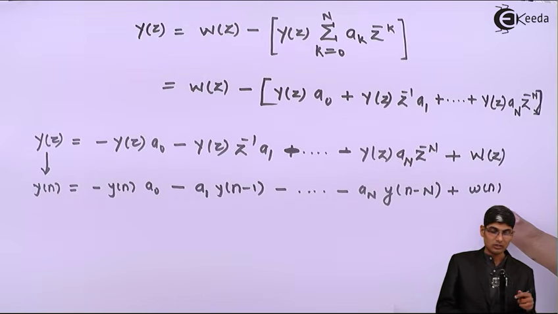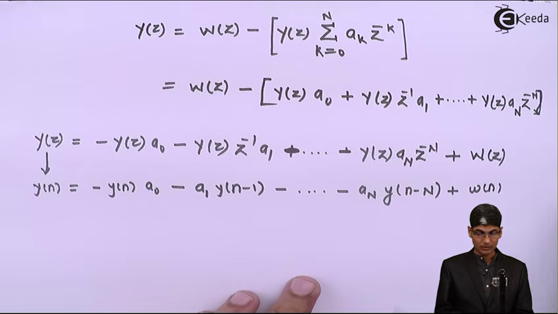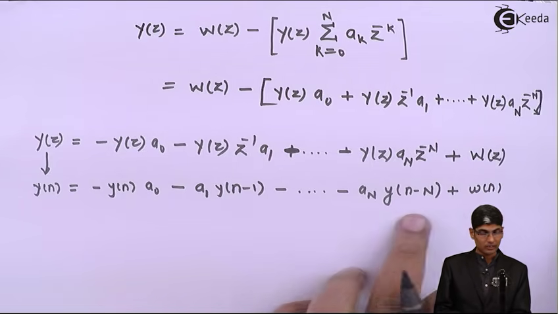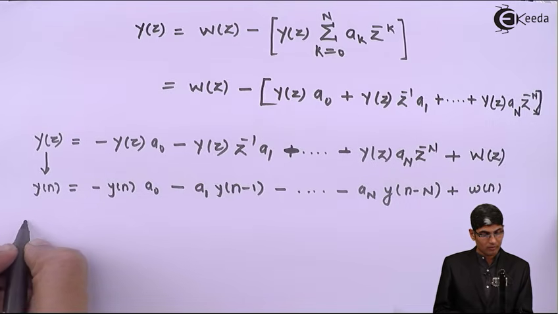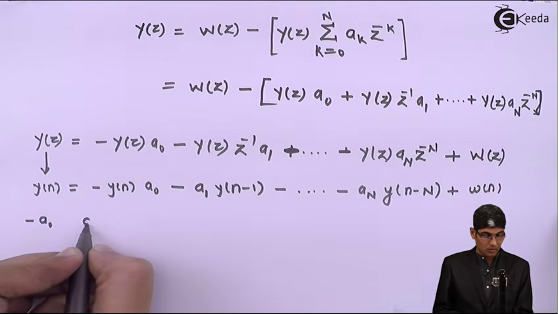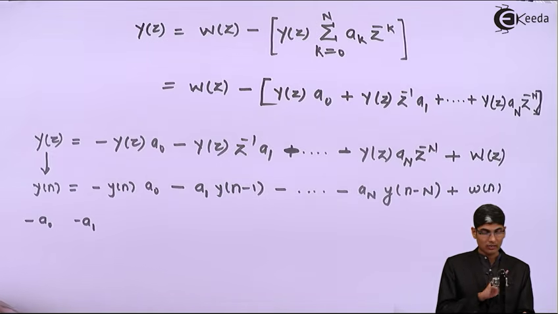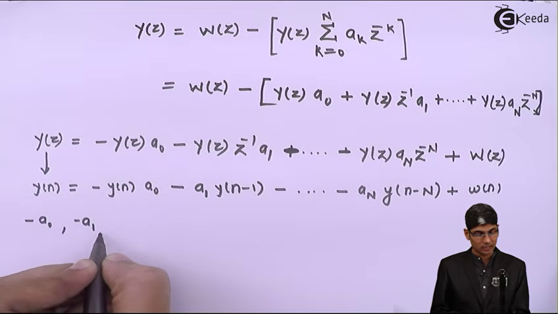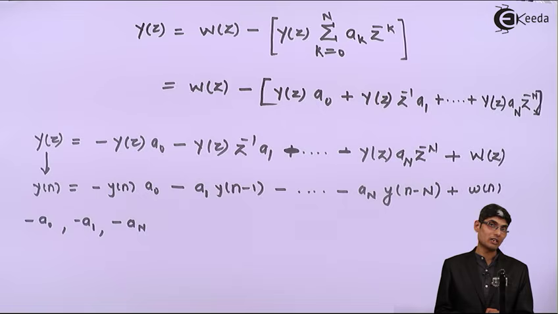And what is w of n? It is y1 of n, which is the output of the previous stage. Okay. So now let us realize this. Now what we find is, let's say we have minus a0, minus a1, because we have only an adder, we don't have a subtractor. So we have minus a1 coefficient, minus a0 coefficient, minus an coefficients we have.